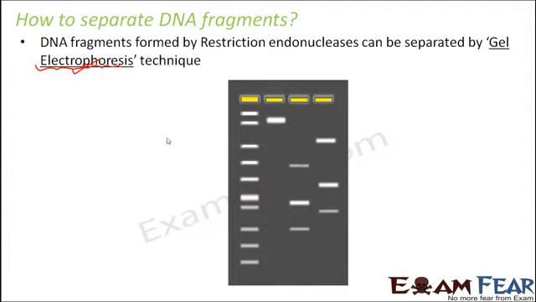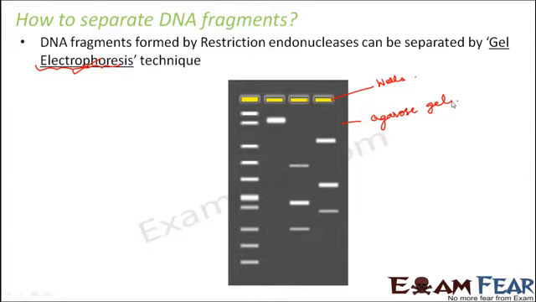So this is how the setup looks like. Here you can see these yellow color structures, they are like pores or holes, you can say wells. And this entire plate-like structure contains agarose gel. And then where is the electric field?